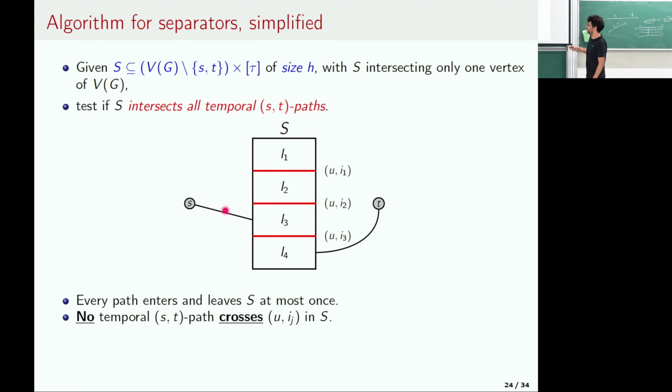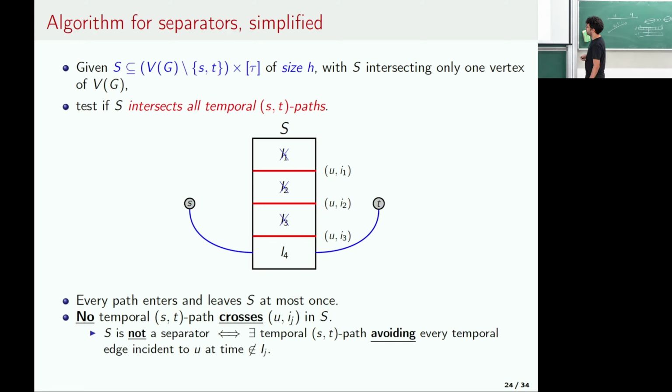It means I'm getting to U at some time here, and waiting to get out at some time here. But I cannot do this wait because here it's blocked. I cannot have a path from S to T that crosses from one interval to the other.